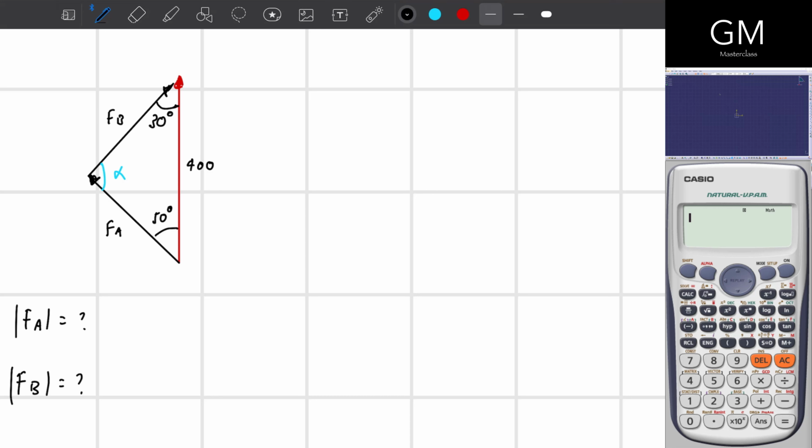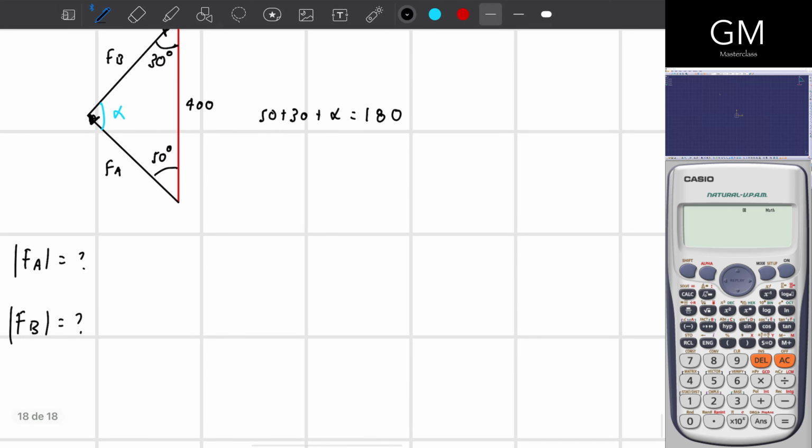So that means that 50 plus 30 plus alpha equals 180. Then that means that alpha is equal to 180 minus 50 plus 30, which is 80. That means that alpha is equal to 100 degrees.